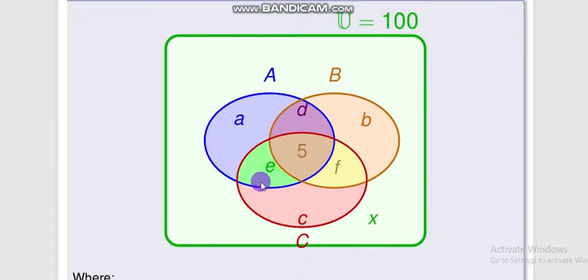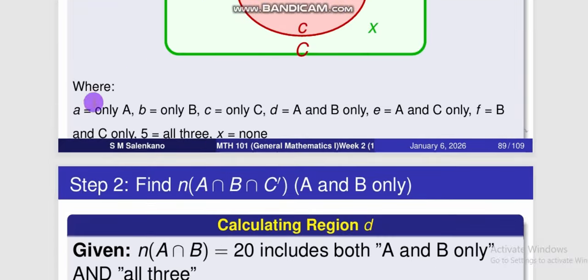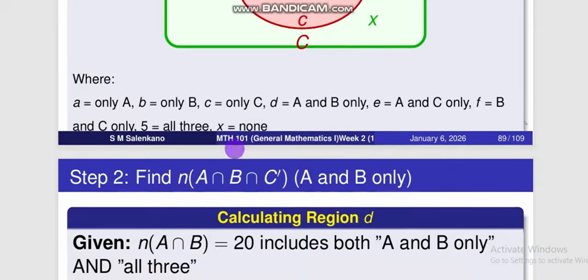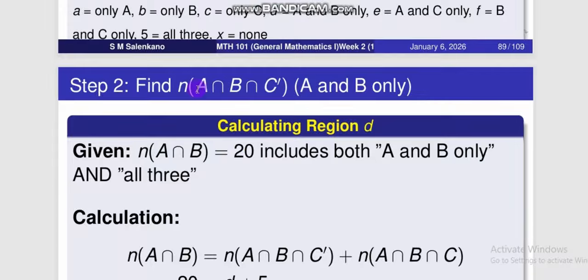Moving on. So this is what I explained, that A is for only A, B for only B, and on till X for none of them. So now we want to find those who read A and B without C. You see, those who read A and B only without C. Now here is the important thing you should know.